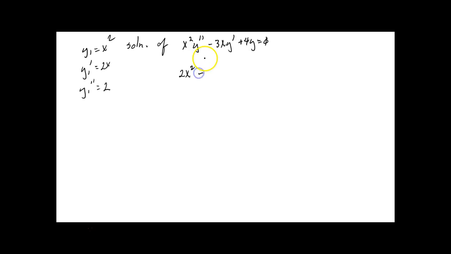Minus 3x times 2x, minus 6x squared plus 4x squared, and sure enough that does equal 0.